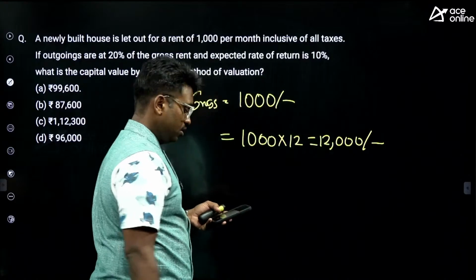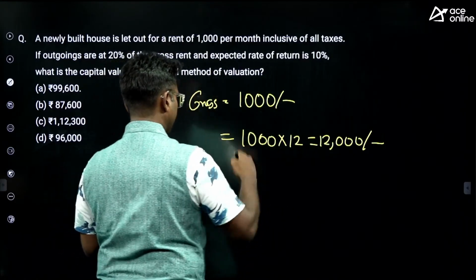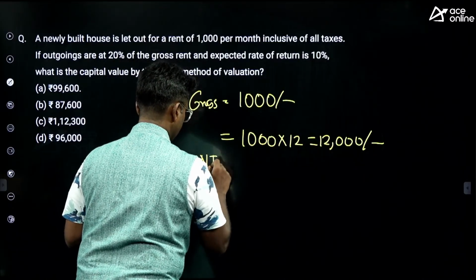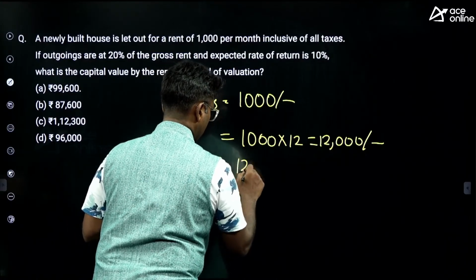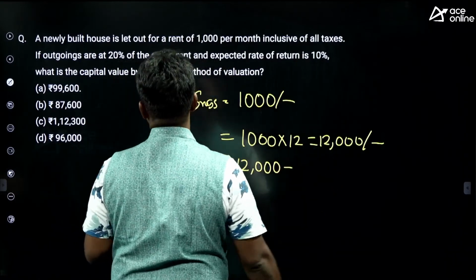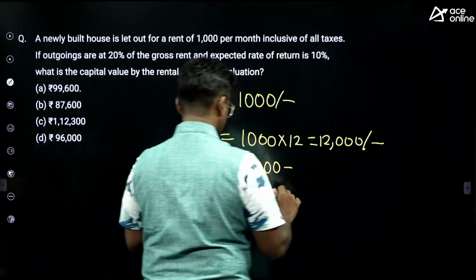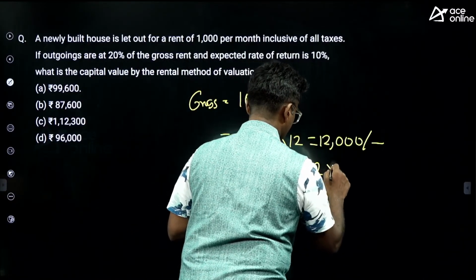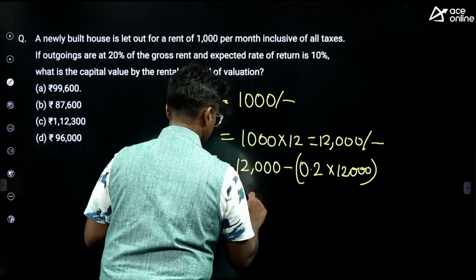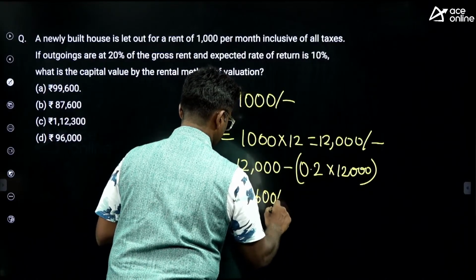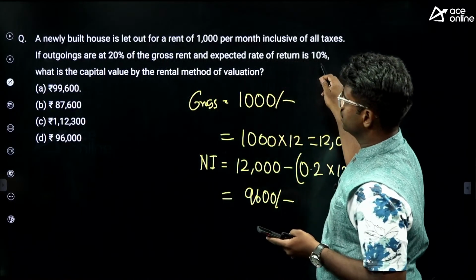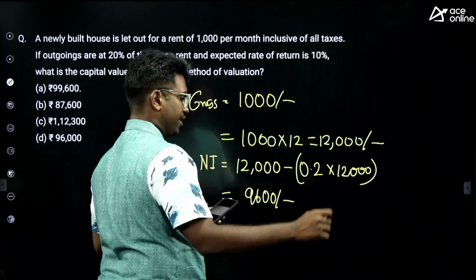Then we have net return, which is nothing but gross income minus outgoings. What are the outgoings? 20% of the gross rent, that is 0.2 of gross. We get 9,600. Years purchase: expected rate of return is 10%, that means 100 by 10.